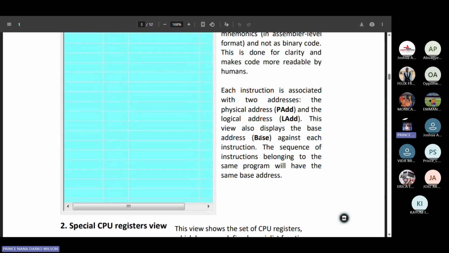But the base address here combines its values with the values from the program counter in order to give out the physical address that the computer is going to use. Inside the little man computer, the physical address was a simple concept, and the program counter was a separate concept that was just directing flow.